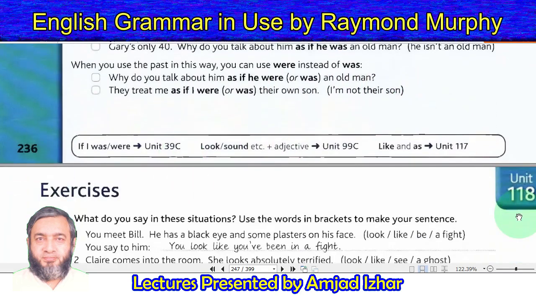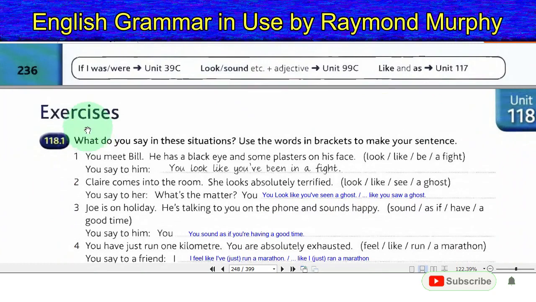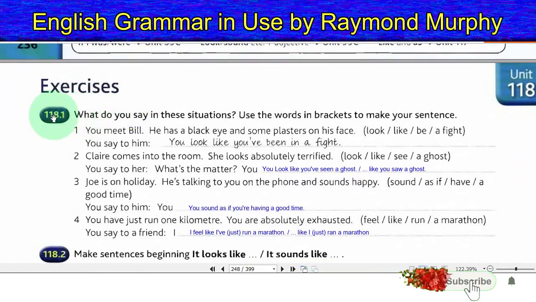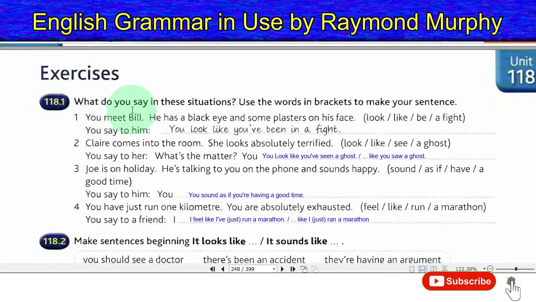Unit 118. Exercises. 118.1. What do you say in these situations? Use the words in brackets to make your sentence. 1. You meet Bill. He has a black eye and some plasters on his face. Look like, be in a fight.